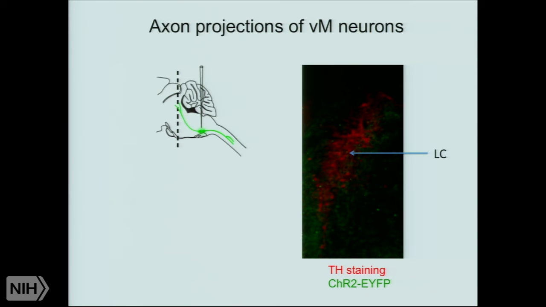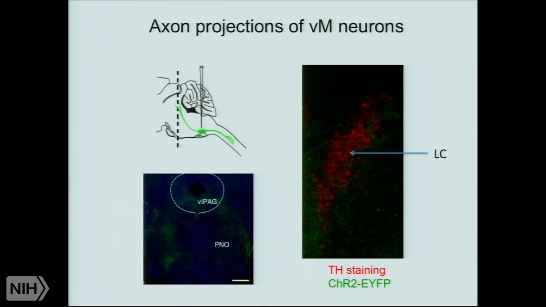The red is tyrosine hydroxylase, which is a specific marker for the noradrenergic neurons in the locus coeruleus. And you can see quite a bit of green fiber in and around this area. In fact, when we did the rabies transsynaptic tracing, we showed that indeed these neurons make direct synaptic connections with the LC neurons. So that's one interesting target.